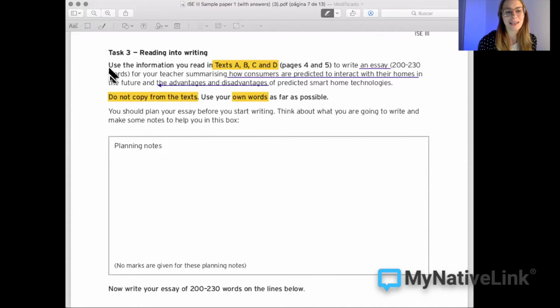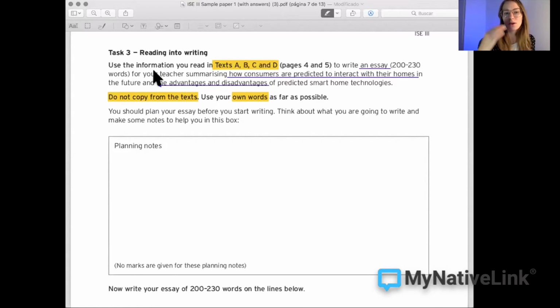So here, the first bit is use the information you read in text A, B, C, and D, pages 4 and 5. You should use information from all 4 texts. Then write an essay. So now we know the kind of text you have to write. If you write an article, you're not going to get as many points. So keep in mind that you have to write an essay of 200 to 230 words.